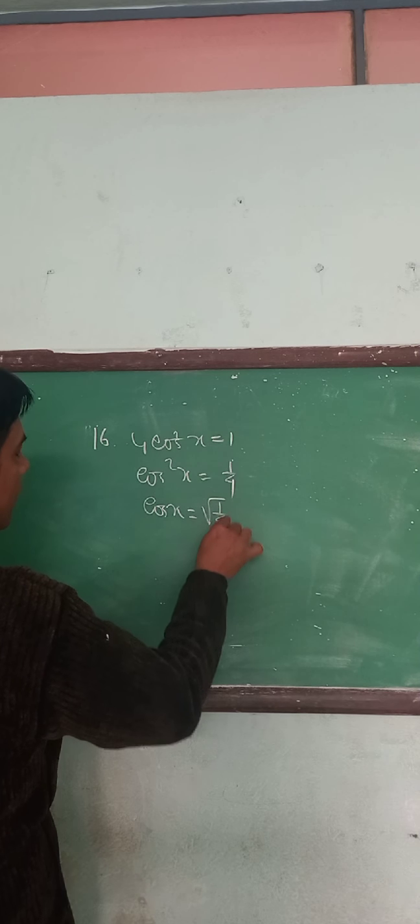Okay, so another math. Suppose question number 16. It says 4 cos square x is equal to 1. 4 cos square x minus 1 is equal to 0. So cos square x is 1 by 4, and cos x is root of 1 by 4, that is half. Clear?